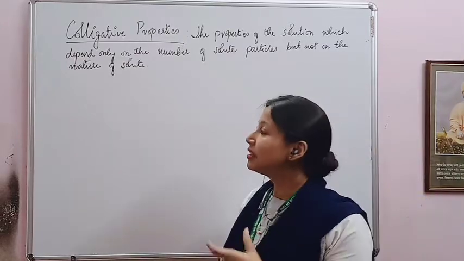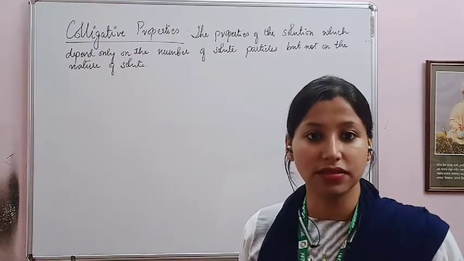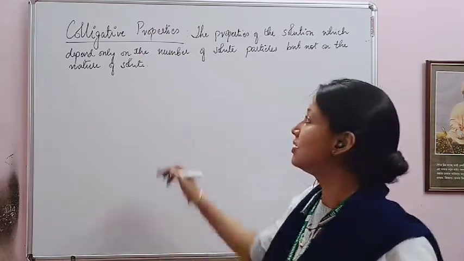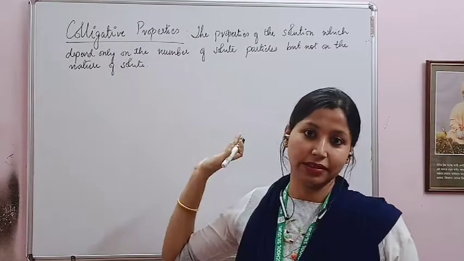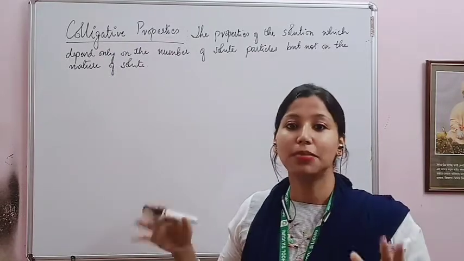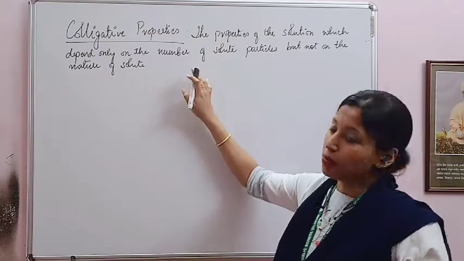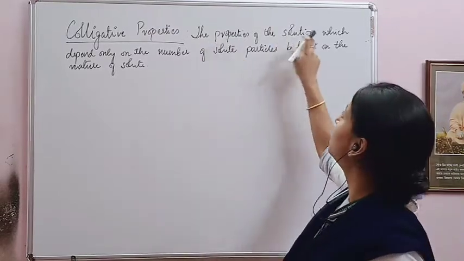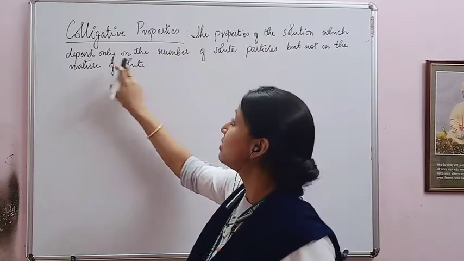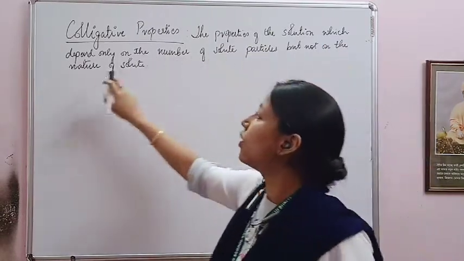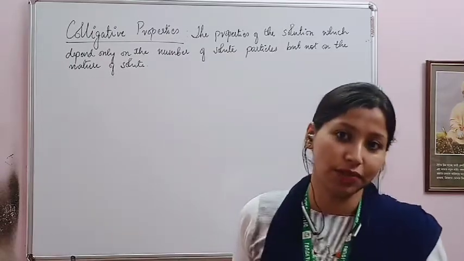And the topic that we are going to discuss now is one of the most important topics of the chapter, that is colligative properties. Let me begin by reading the definition first. What are colligative properties? The properties of the solution which depend only on the number of solute particles but not on the nature of the solute.